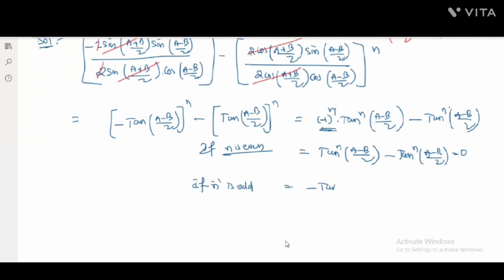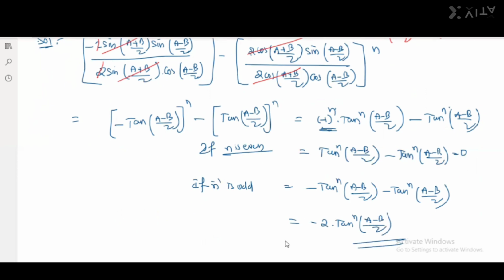So we'll get minus tan^n((A − B)/2) minus tan^n((A − B)/2), so we'll get −2 tan^n((A − B)/2). So this is the way we can prove this one.